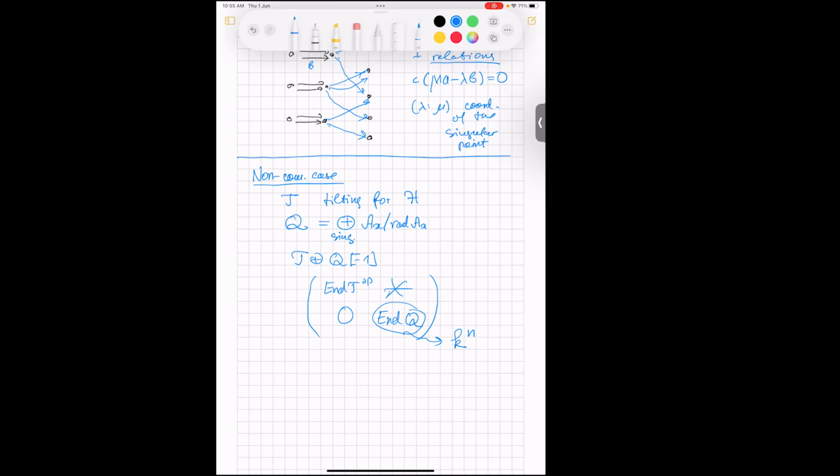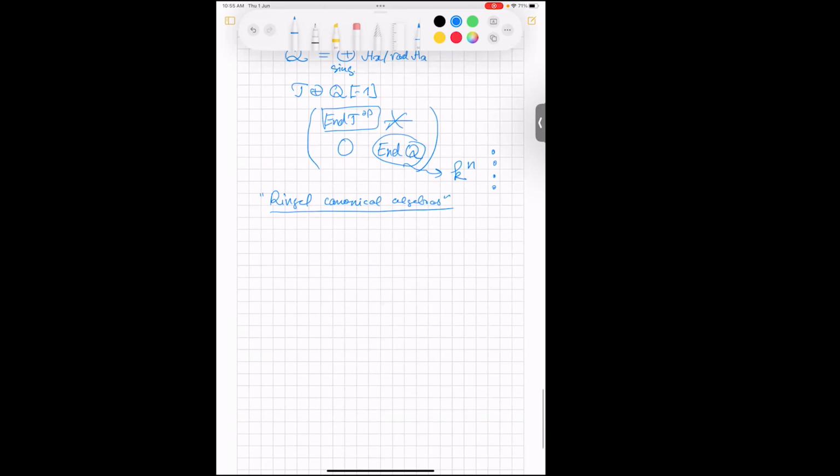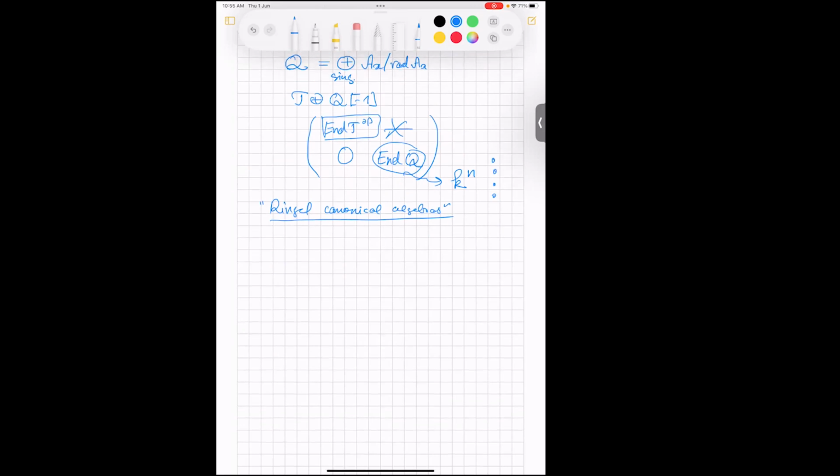Okay. So this is again just several points. But this one is more interesting. It consists of a so-called ringed canonical algebra. Namely, what is this? A ringed canonical algebra is something like this. It consists of several paths.